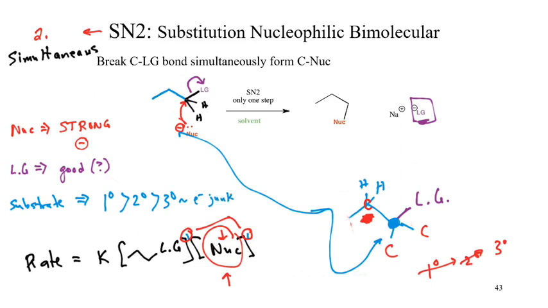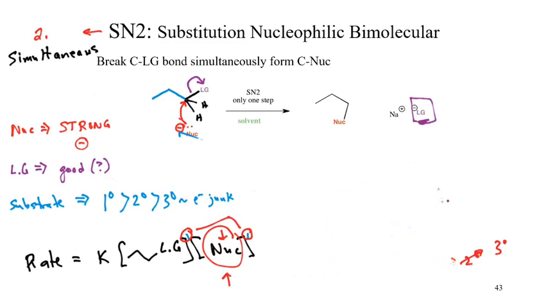That electron junk gets more scientifically referenced as steric hindrance. So we now have this new term coming up of steric hindrance. And steric hindrance is a big deal. We can think about steric hindrance as just electron junk.